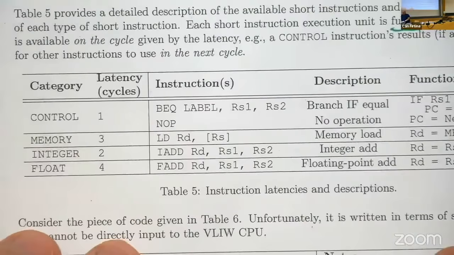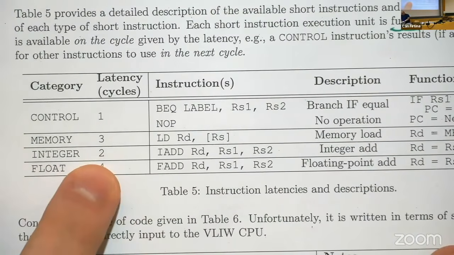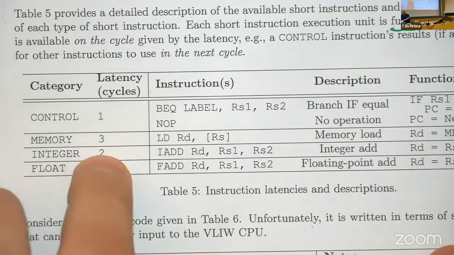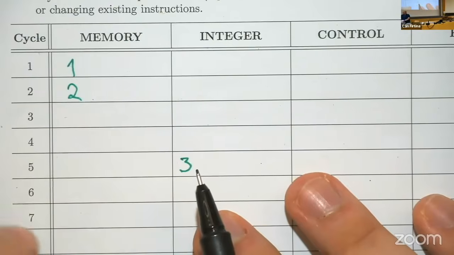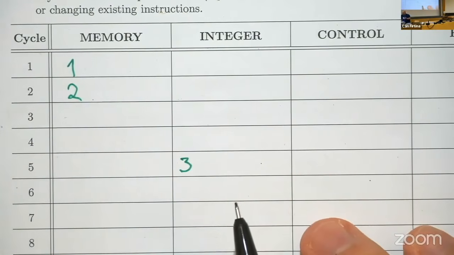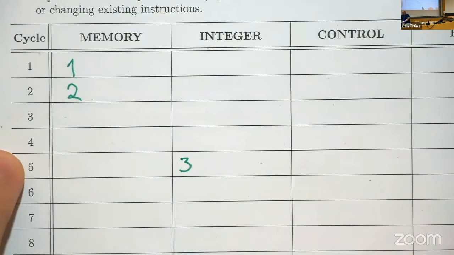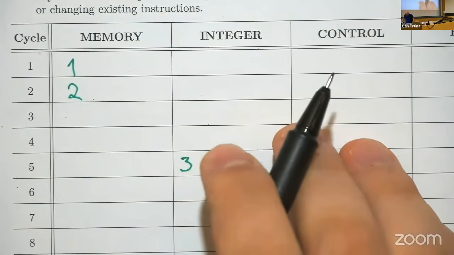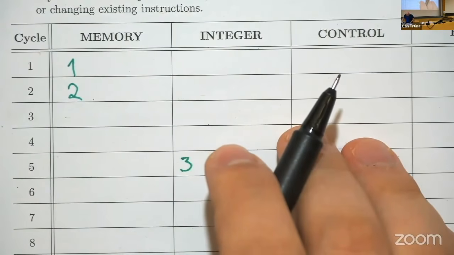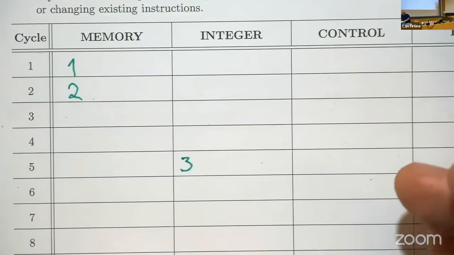We scroll back up to the table and we see that the latency for these instructions is 2 cycles. So this integer add that we started in cycle 5 becomes available for use in cycle 7. 5 is the first cycle, 6 is the second cycle, and then the result is available for use in cycle 7.